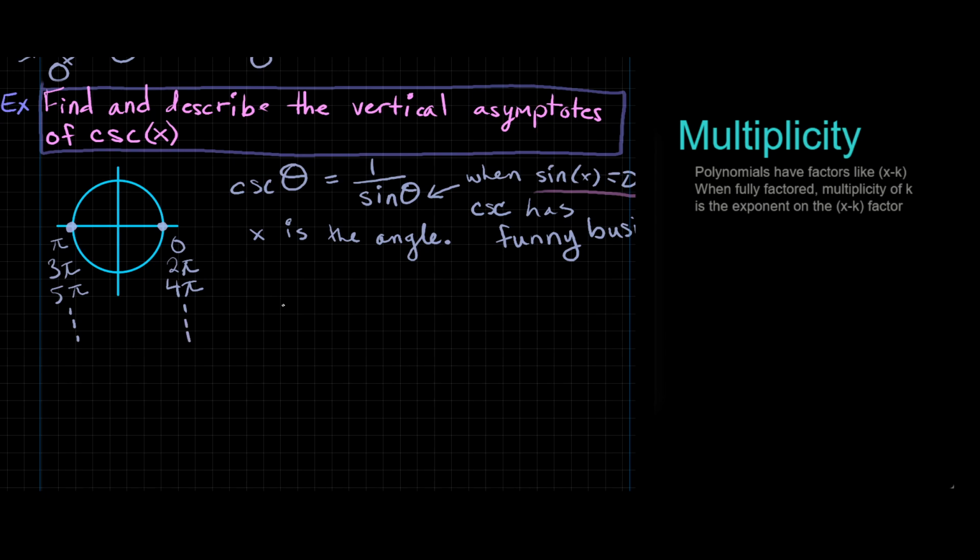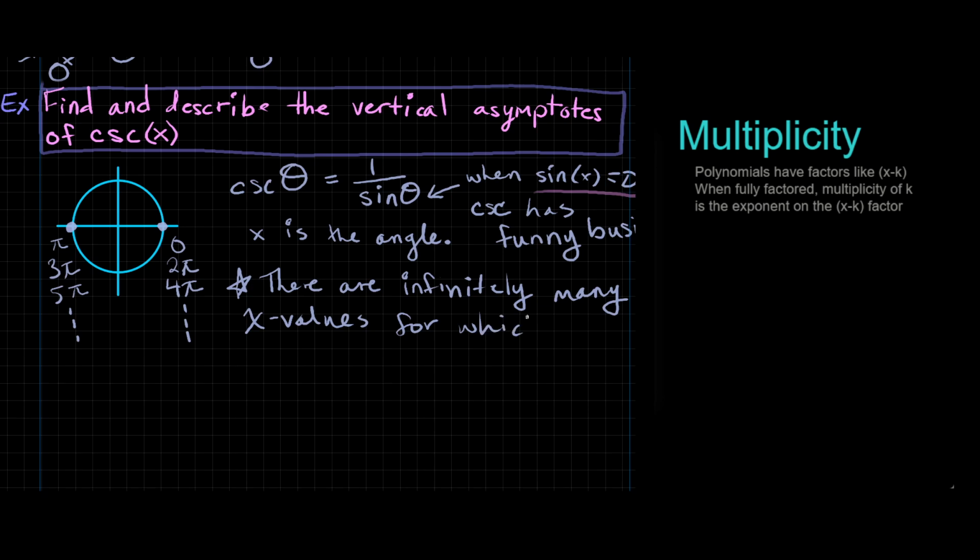Okay, so there are infinitely many x's that will make sine return 0. There are infinitely many x values for which sine of x will return 0.